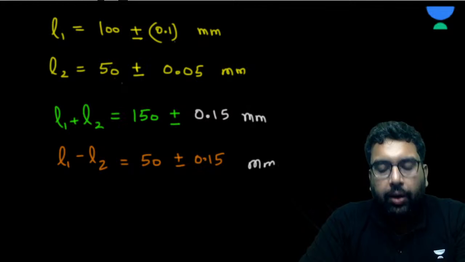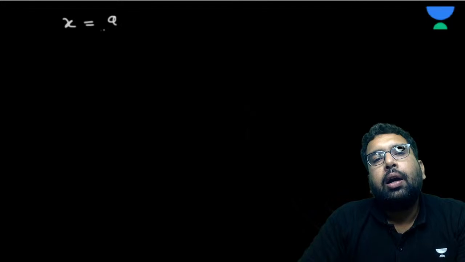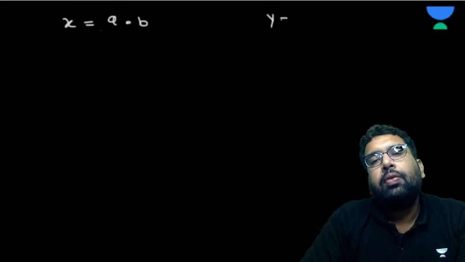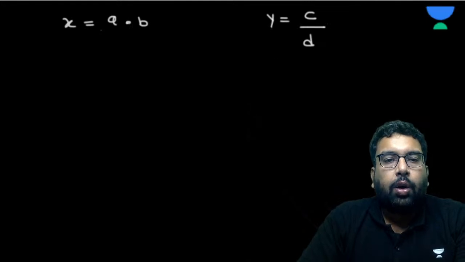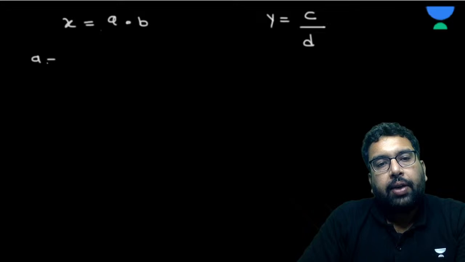No issue, sir. Now let's talk about multiplication and division. Let's suppose we have some physical quantity which is given by the division or multiplication of two quantities, A and B, and we have another physical quantity that is given as C by D. Obviously A will have some error, so can I write A as A plus minus delta A?